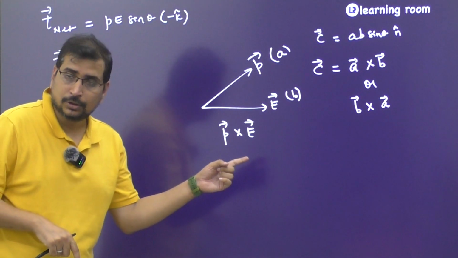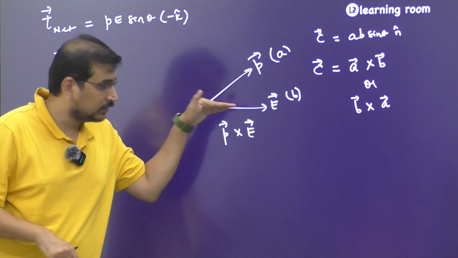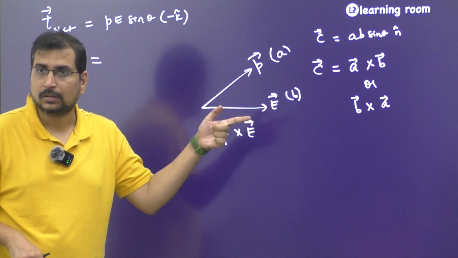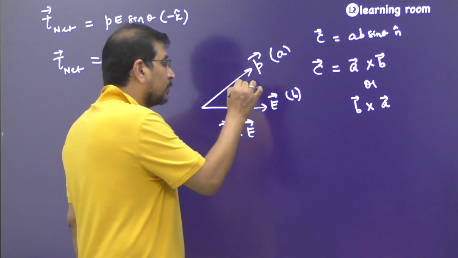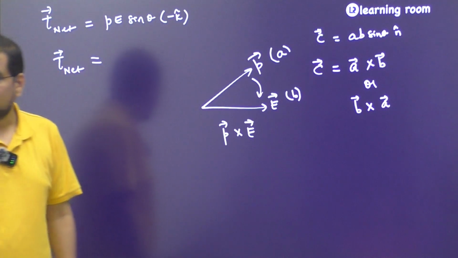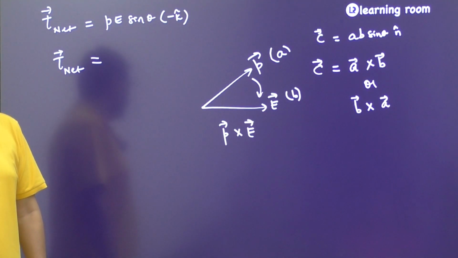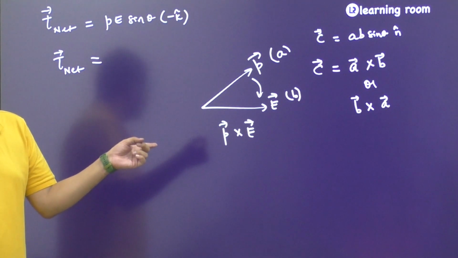I need to fix the direction of E vector. So this is fixed. Which one should I rotate? P vector towards E vector in the shortest direction possible, rotate it in this direction, and then what will happen? So it is negative, meaning minus k cap.